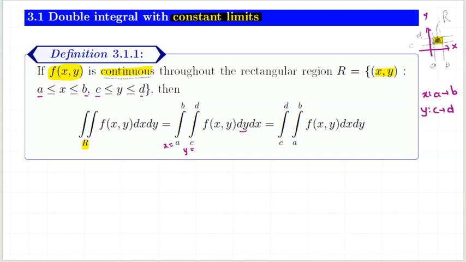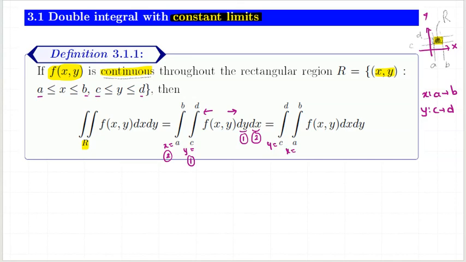So you write first dy and then dx, because if you move outward from the function, the first position is for y, the second is for x. So first you integrate with y, then with x. Or you can also rewrite it as y from c to d, integral of x from a to b.